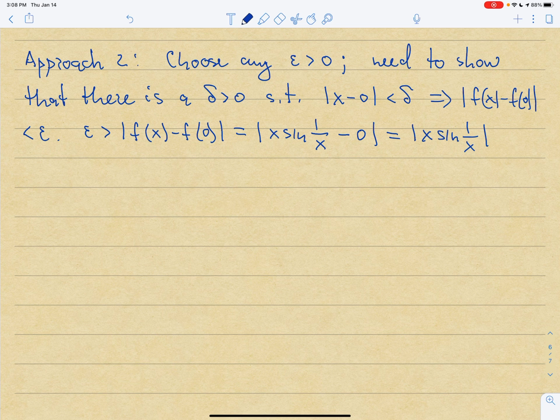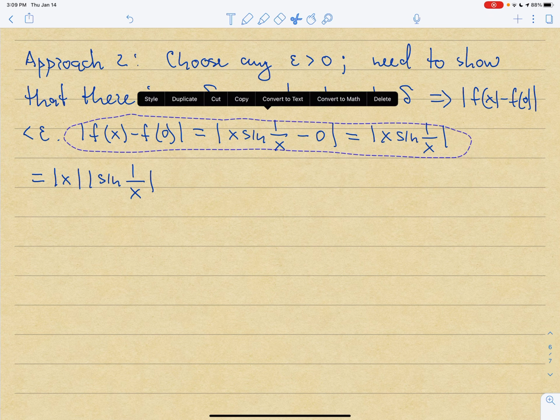And again, the absolute value of the product is the product of absolute values: absolute value of x times absolute value of sine of 1 over x. Okay, so I want to make this less than epsilon. So how about this? Forget about this being less than epsilon yet.